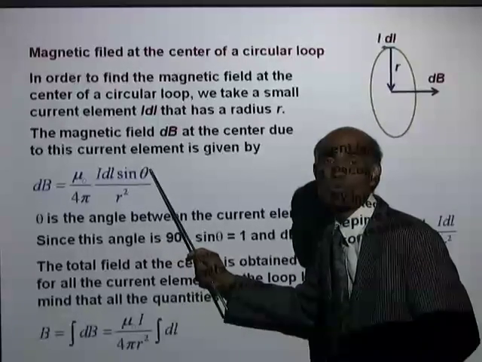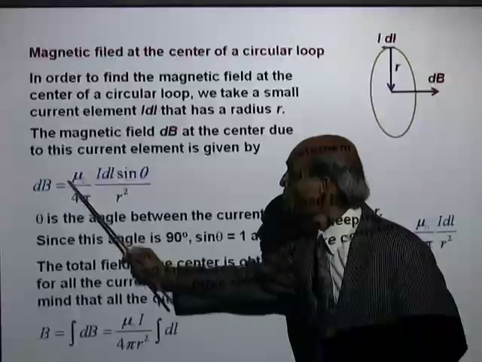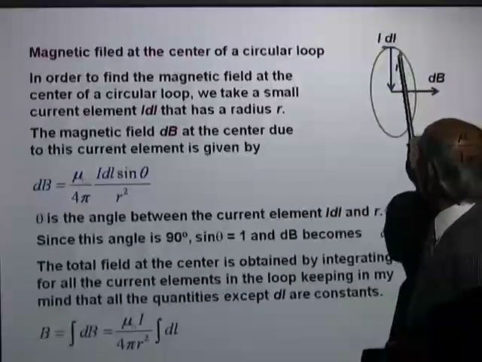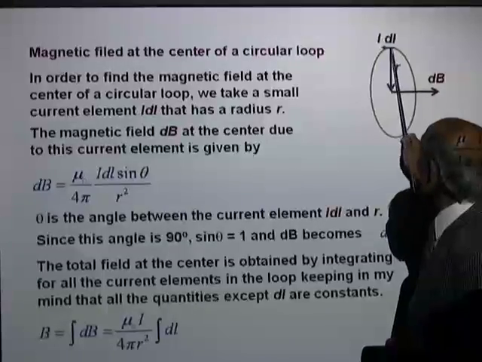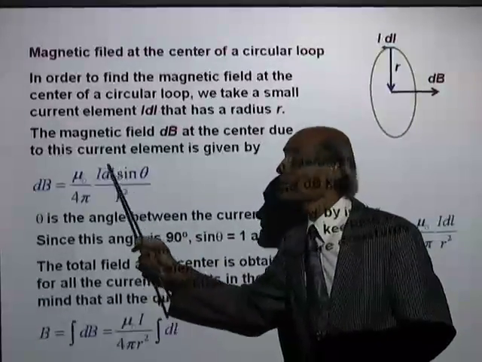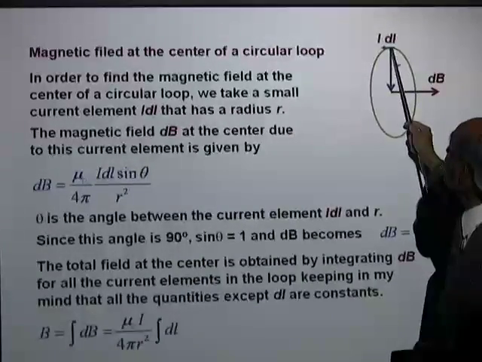Since sine theta equals 1, we don't need to worry about it. Here mu 0 over 4 pi is a constant, R, the radius of the loop, is a constant, and the only variable is dL, the length of the small element.